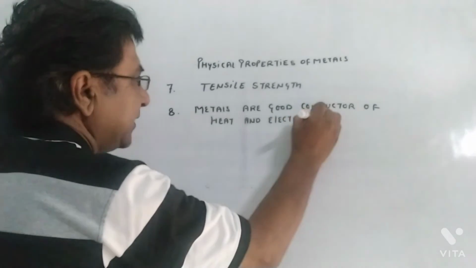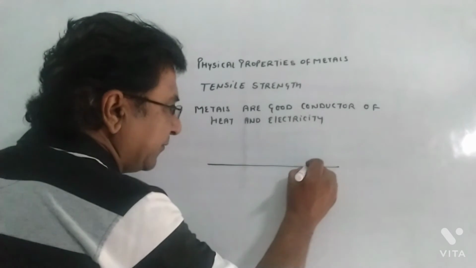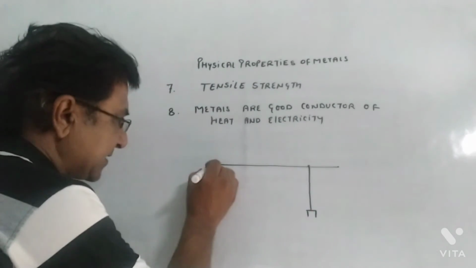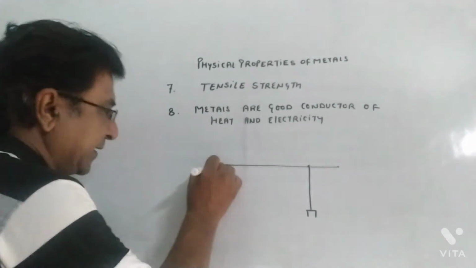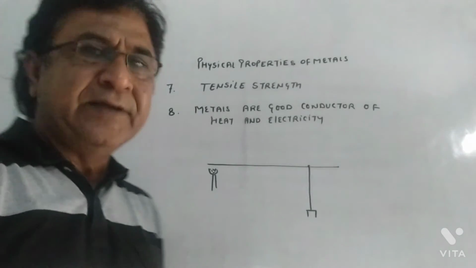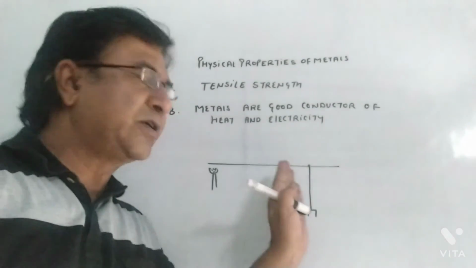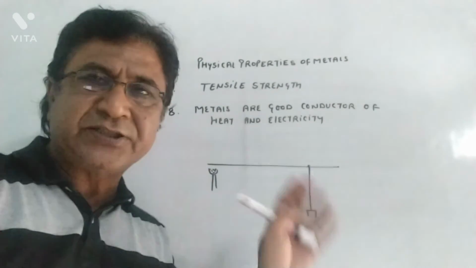Let's have a small experiment. If we take a metal rod, fix it into a stand, and start heating it from one end, very soon we will see the whole metal rod get heated up. Why so? Because there is conduction.